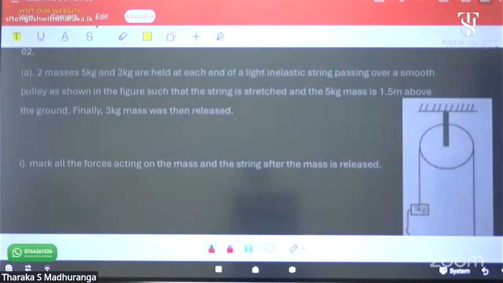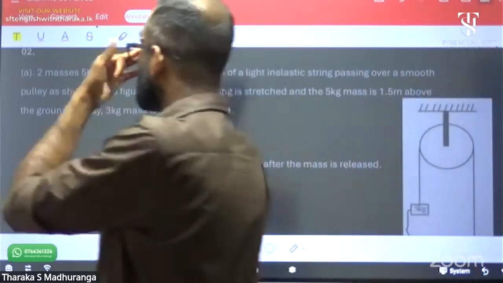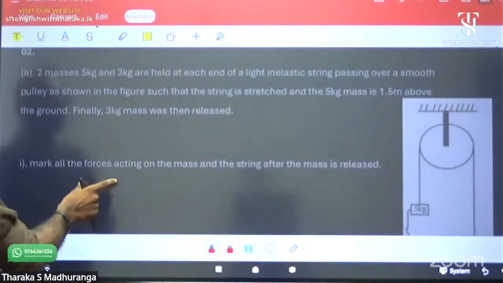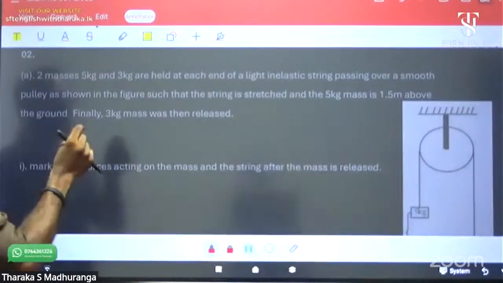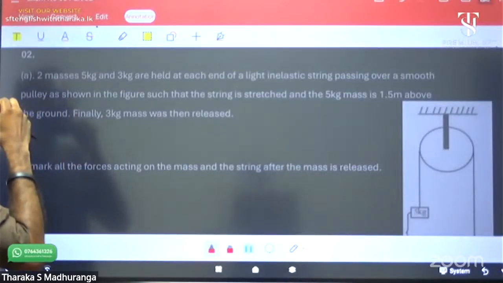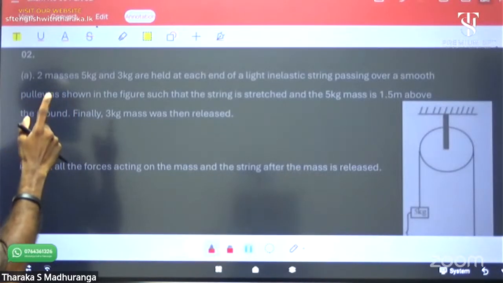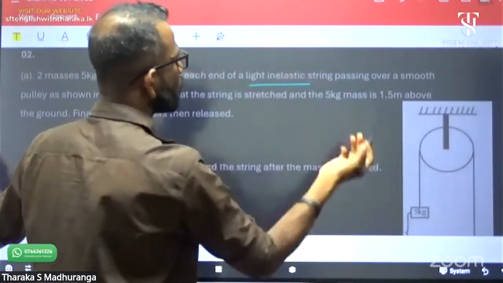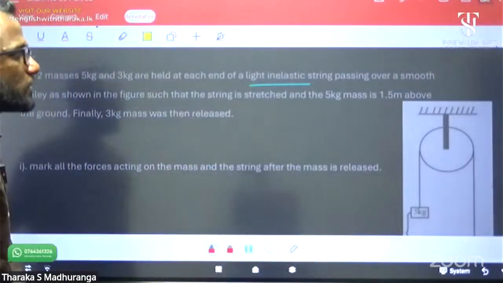So, part A, two masses, 5 kilogram and 3 kilogram, are held at each end of a light and inelastic string. Inelastic means I already explained, with force, the length will not be changing.